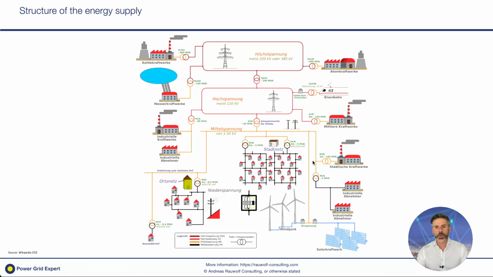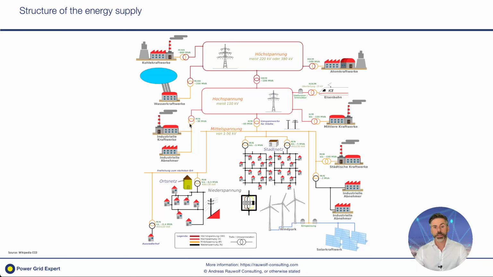This is unfortunately a drawing in German, but there are lots of pictures in it, so I think it's easily understandable. We start at the generation point of the energy. This is typically the power plants. We have, for example, coal plants, water plants, atomic plants, of course small industrial plants as well, waste plants, and so on.